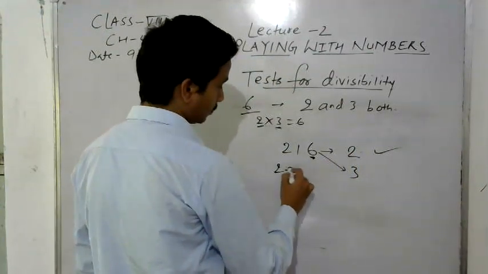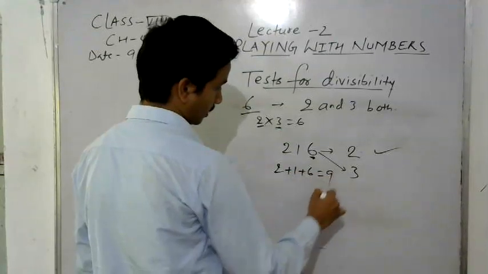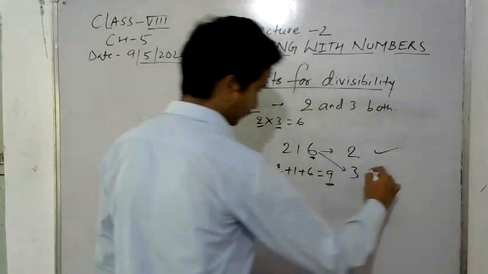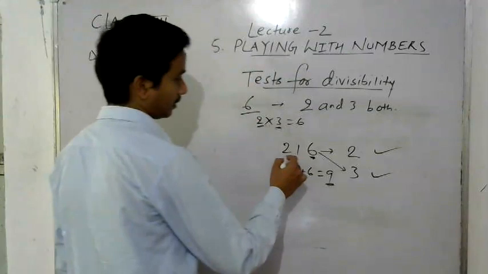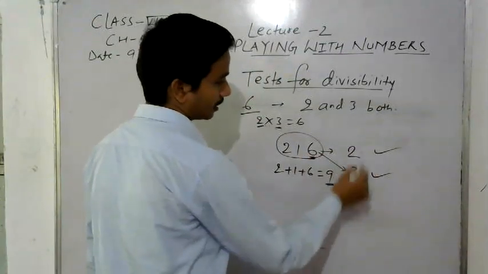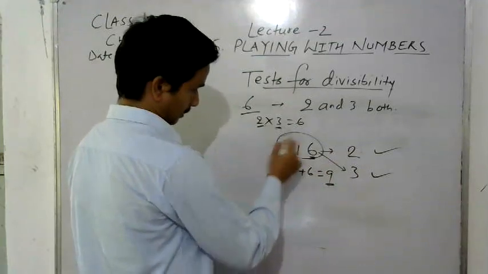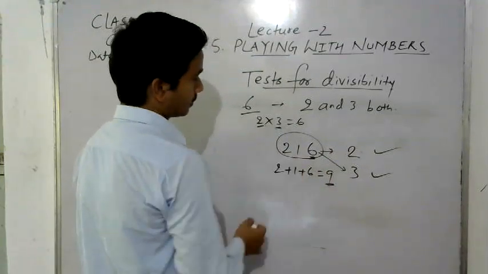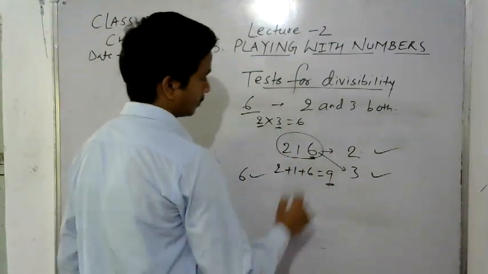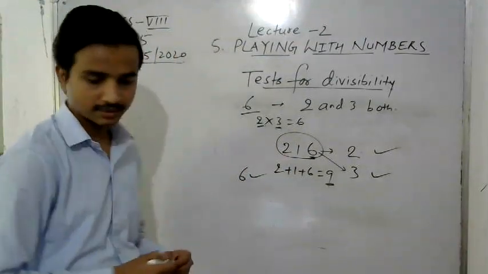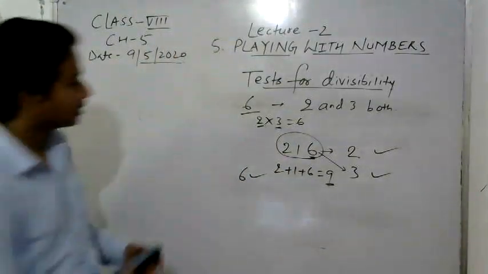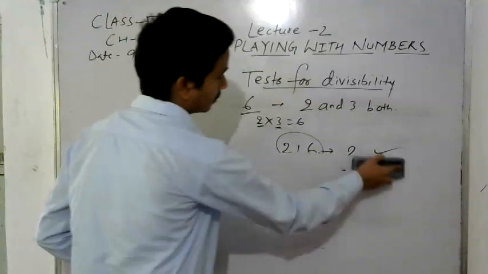Check the sum of the digits: 2 plus 1 plus 6 equals 9. Yes, 9 is divisible by 3, so it is also divisible by 3. Since 216 is divisible by both 2 and 3, we can say that 216 is divisible by 6 also. In this way we check for 6. Now we will see for 7.